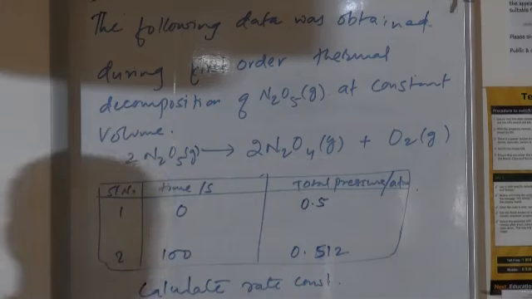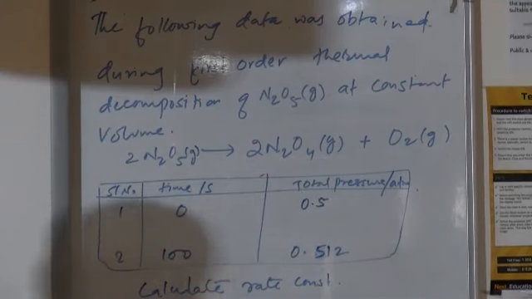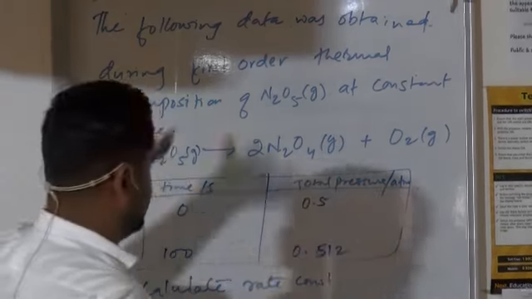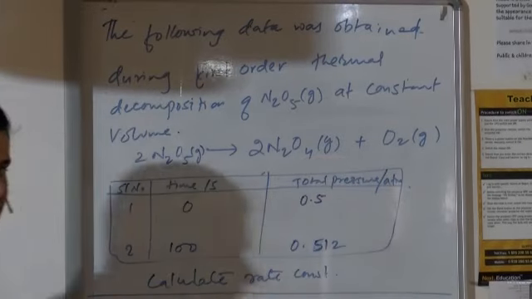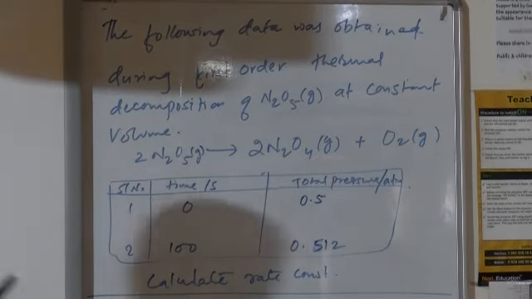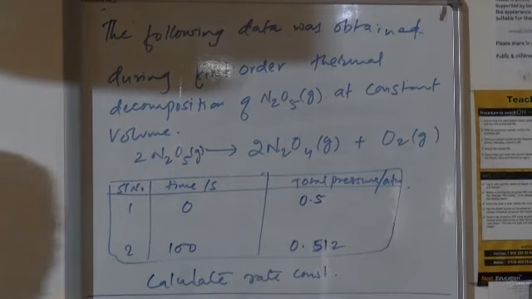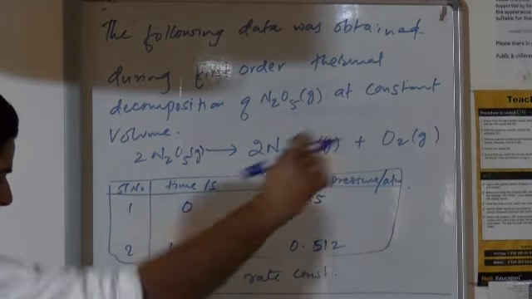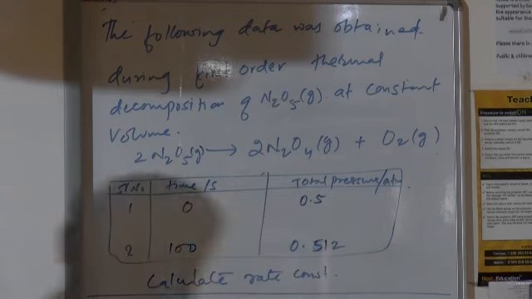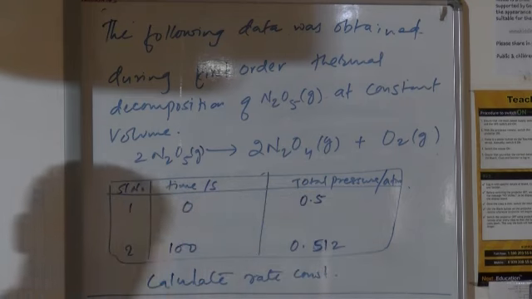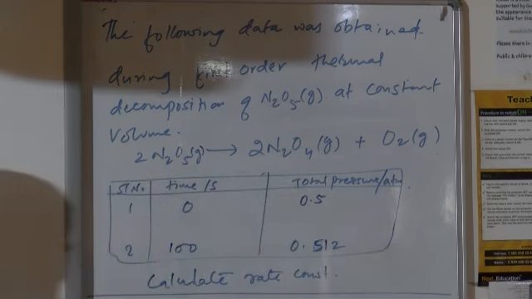This is the question. There is no concentration term here. You need to find the rate constant with respect to partial pressure because pressure is given. So we'll use that third formula. Before going into that, let us first assume this one.